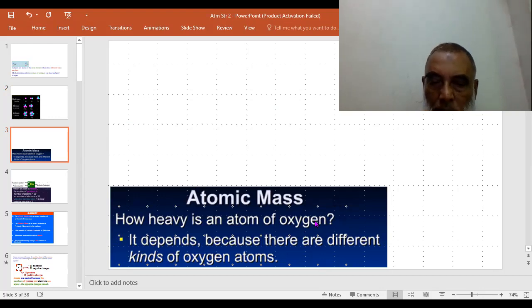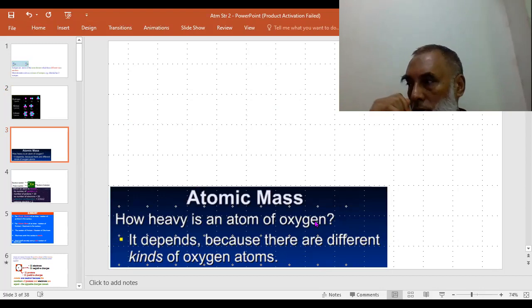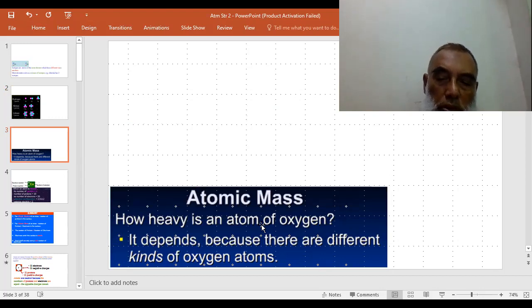So which mass will be taken for the atomic mass of an atom which exists in different isotopic forms? For example, oxygen also exists in 2 isotopic forms.